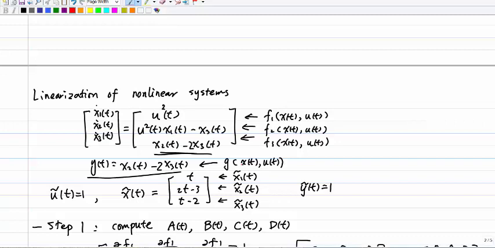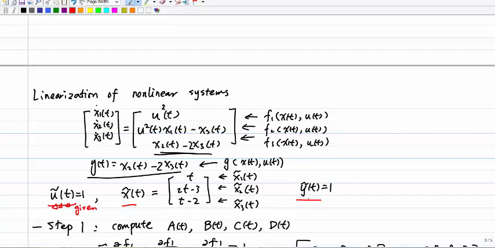Of course, normally we'll have the nominal control input, nominal initial conditions, nominal states, and even nominal outputs. x tilde t and y tilde t are called the nominal state and nominal output.